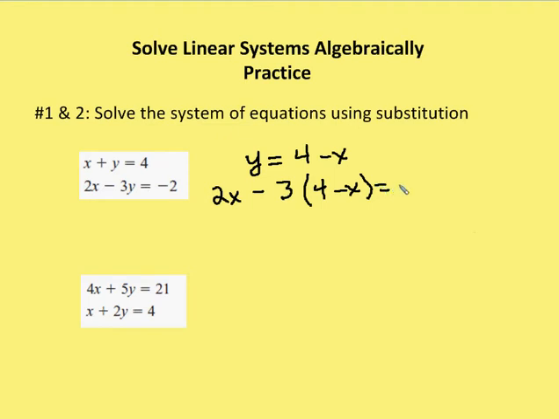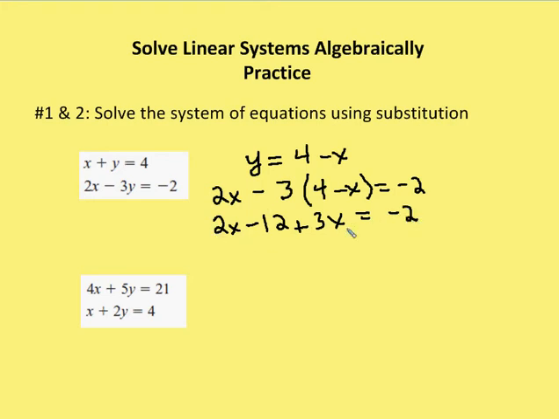So let's simplify the equation. I have 2x, and be careful here, now you're distributing negative 3 across 4 and negative x. So I have negative 3 times 4, so it would be minus 12. Minus 3 times minus x would be plus 3x is equal to negative 2.